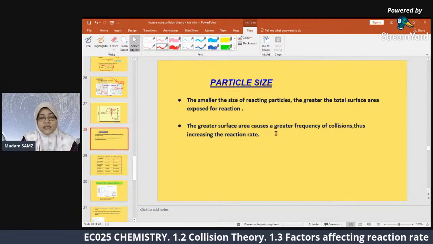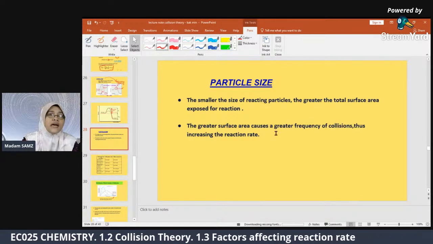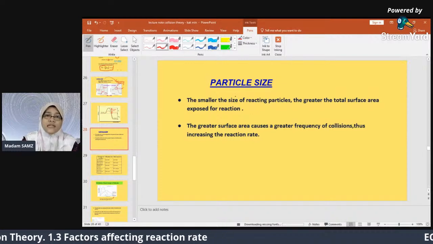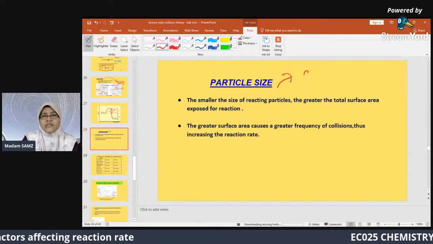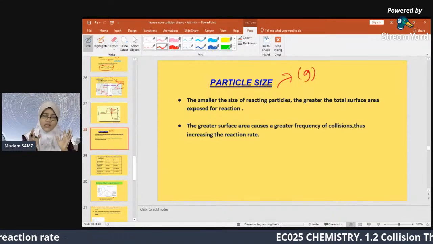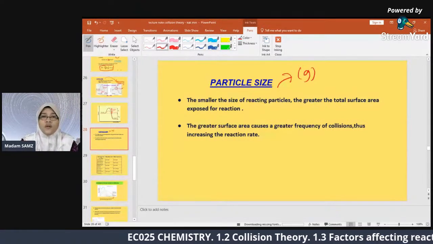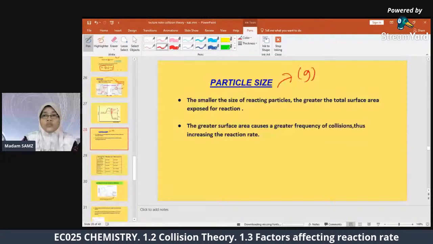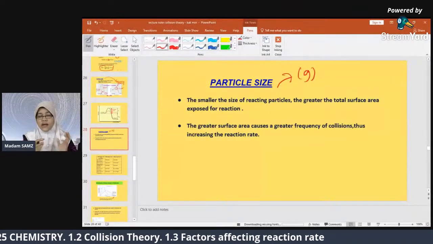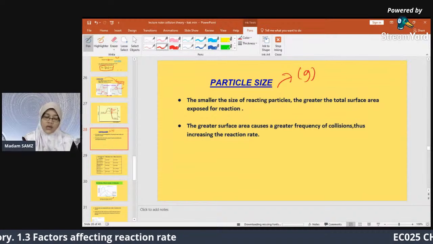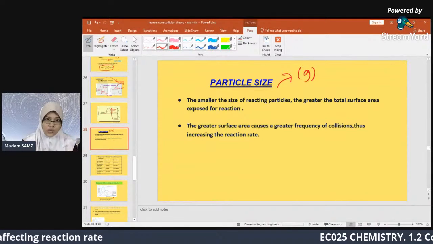And the last factor here is particle size. Okay, particle size. Actually, for particle size, we are talking about reactant in a solid phase, right? So, the smaller the size of the reacting particle, the greater the total surface area. For example, kita ada satu sudu garam besar, kita ada satu sudu garam halus.